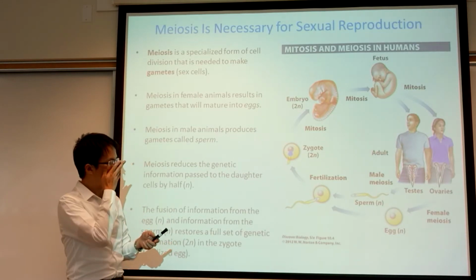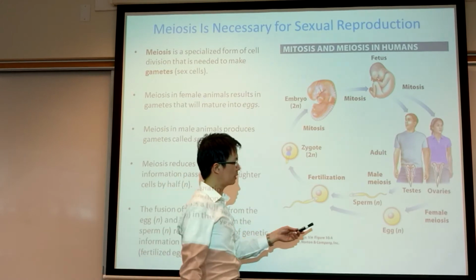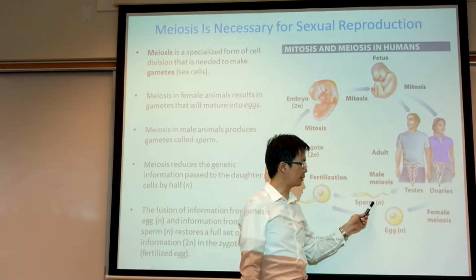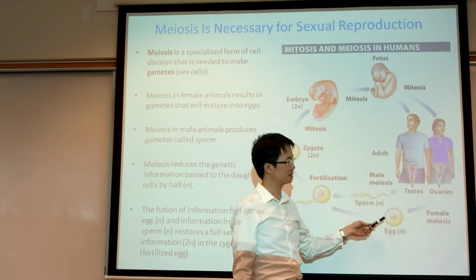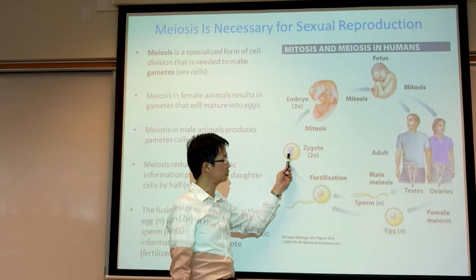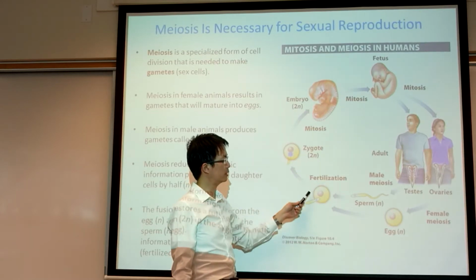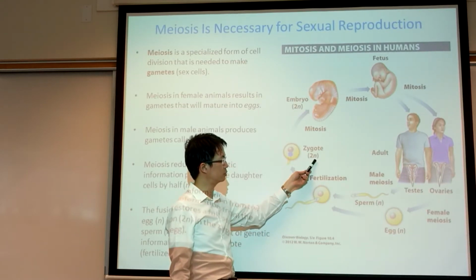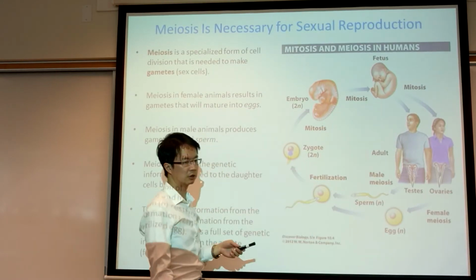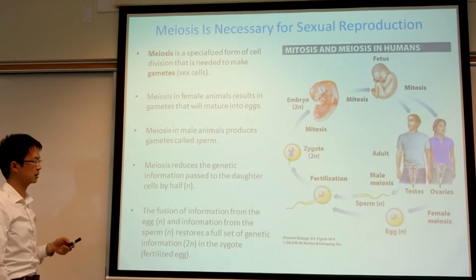But after meiosis, when we form the gametes, each cell only has one set. And then they have to fertilize and combine the two sets. So after fertilization, you have two sets of the homologous pair.